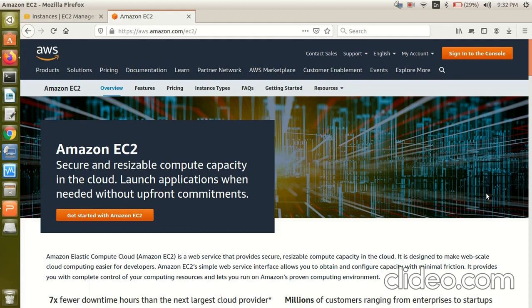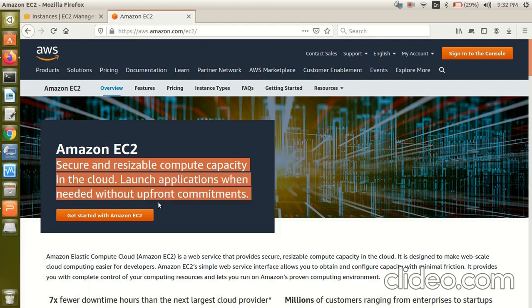Here we can read what it says about Amazon EC2. It says that Amazon EC2 is secure and resizable compute capacity in the cloud, using which we can launch applications when needed without any upfront commitments or paying any advance amount.